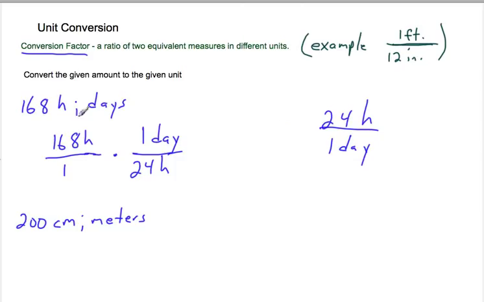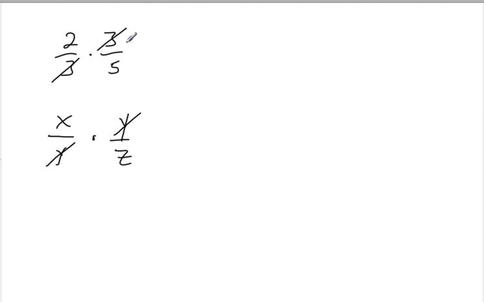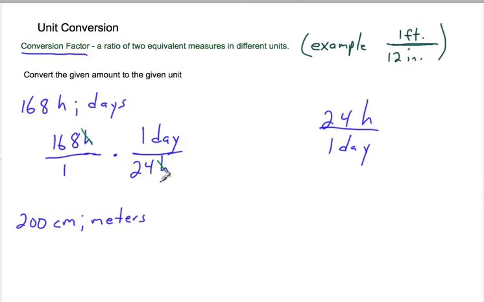Since we want hours to go away here and to be replaced with days, since hours is on the top, I need the conversion factor to have hours on the bottom so that they can cancel out. So just like numbers cancel out, and letters cancel out, units cancel out as well. So hours divided by hours equals 1.